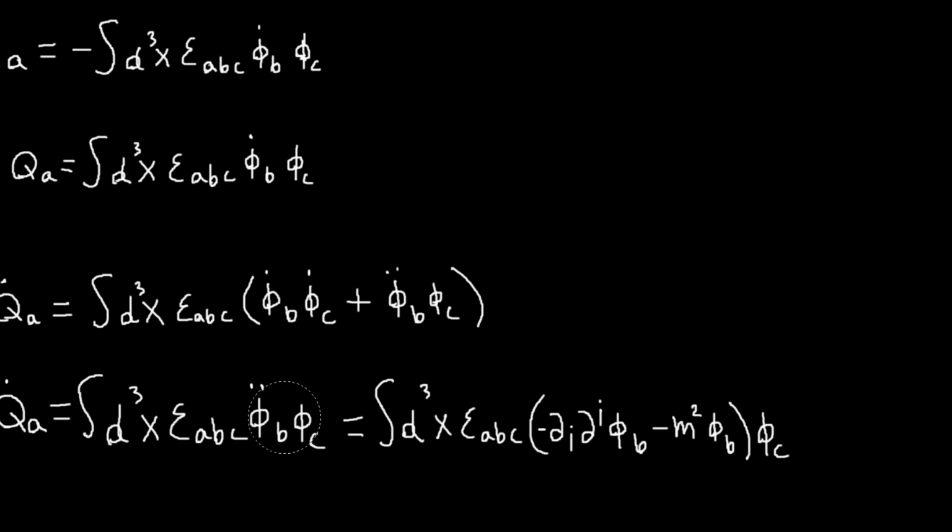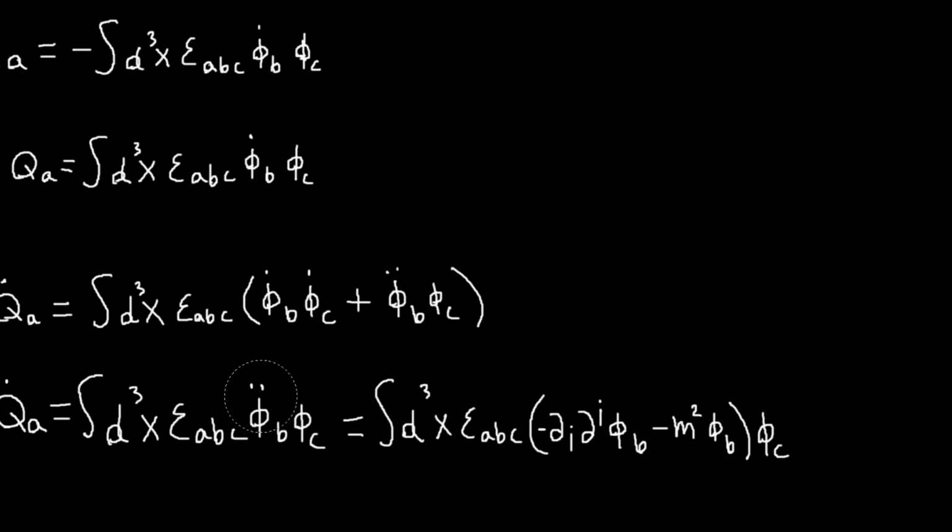And this, I can use the equations of motion. The equations of motion are d mu d mu phi plus m squared phi equals 0. But d mu d mu phi will be phi double dot plus d i d i phi, where i is just summing over the spatial components, plus m squared phi equals 0.